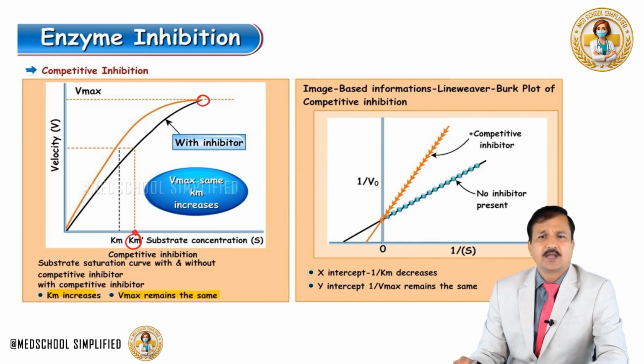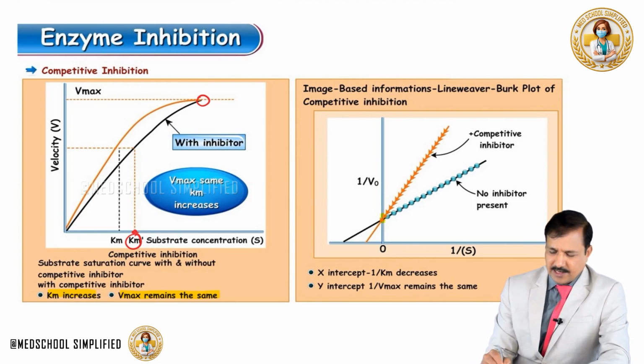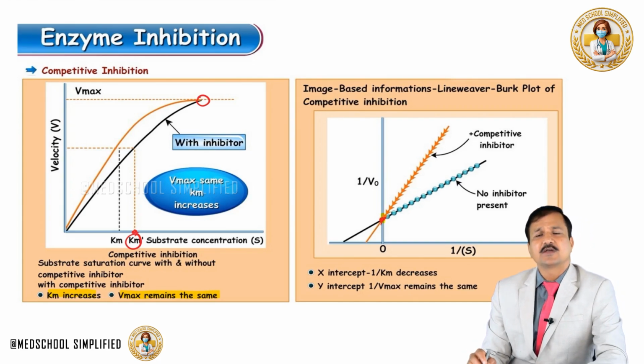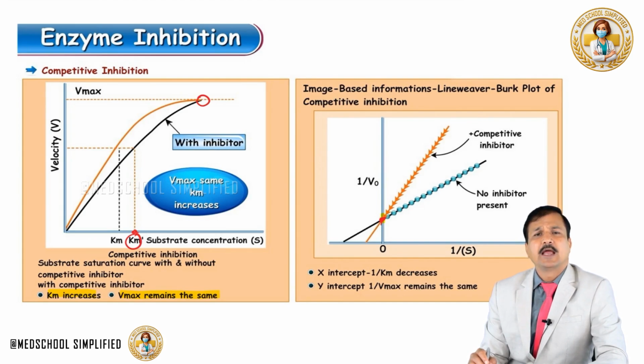Now look at the Lineweaver-Burk plot on the right-hand side. In the Lineweaver-Burk plot, you are going to see both lines meet at the same point on the y-axis. Wherever the reaction velocity line meets the y-axis in the Lineweaver-Burk plot, it is indicative of 1 over Vmax.